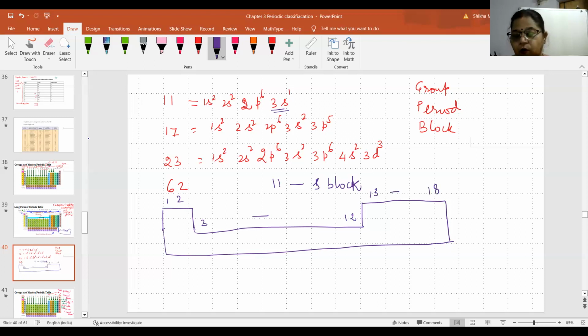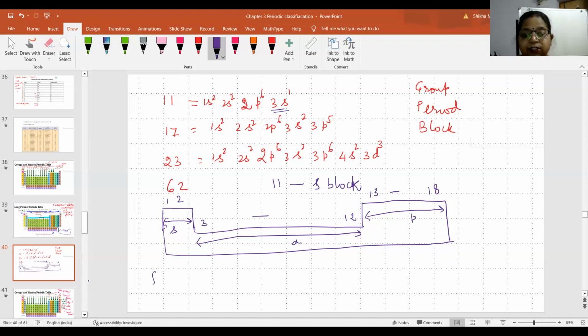Let's hold that A and B for the moment, because after understanding this concept, that will become easier for us to know, right? And then we will understand where the blocks are placed. This is the S block. This one is said to be the D block. And this one is said to be the P block.